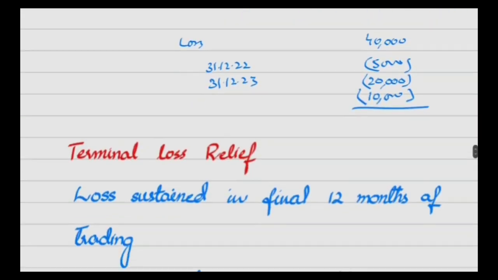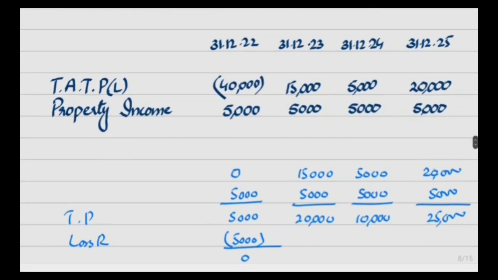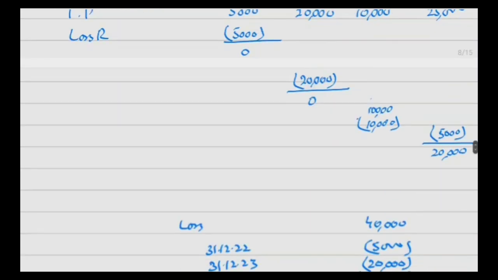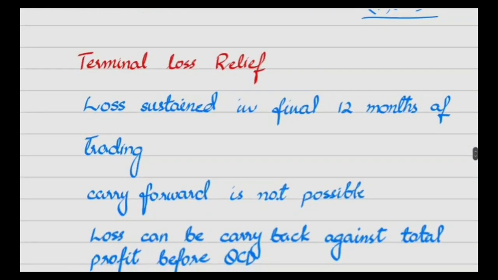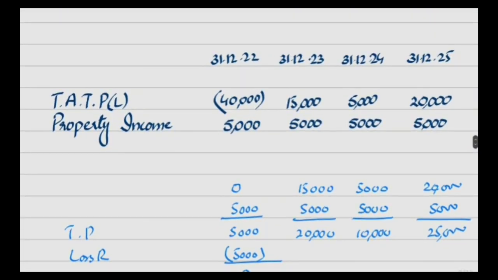right? So this is the benefit of carry forward claim, that you can carry forward it indefinitely, and second benefit is you can make a partial claim. A partial claim allows you to save the QCD.